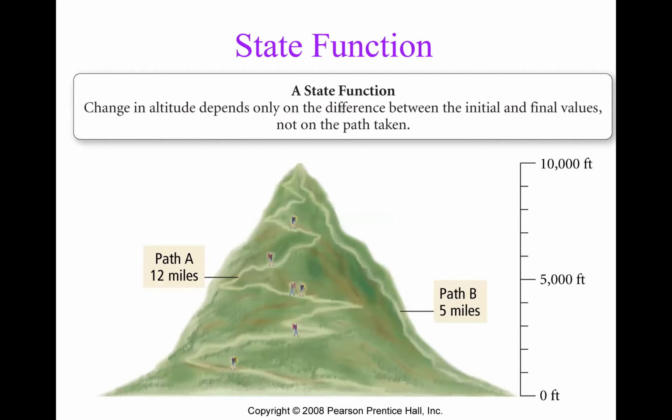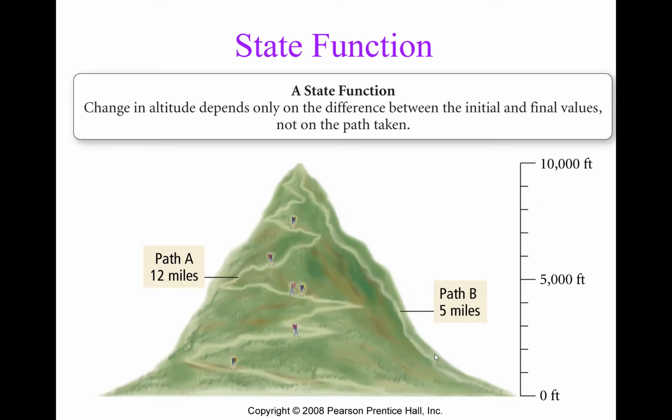Okay, the idea of the state function is illustrated by this analogy to hiking. This is some mountain that's 10,000 feet, and the elevation would be the state function here, right? It's only your beginning spot, the bottom of the mountain, and the top, the 10,000. It doesn't matter which path you take, A or B, you still went up 10,000 feet.